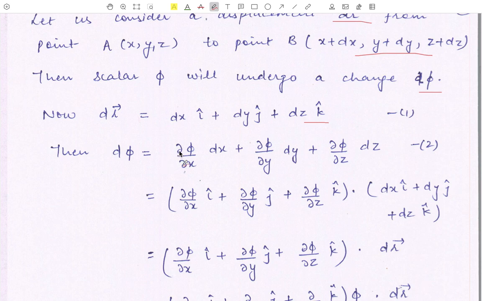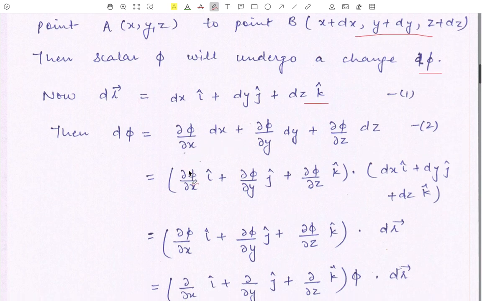Now d phi will be equal to the partial derivative of phi with respect to x times dx, plus the partial derivative of phi with respect to y times dy, plus the partial derivative of phi with respect to z times dz. That is ∂phi/∂x dx plus ∂phi/∂y dy plus ∂phi/∂z dz.